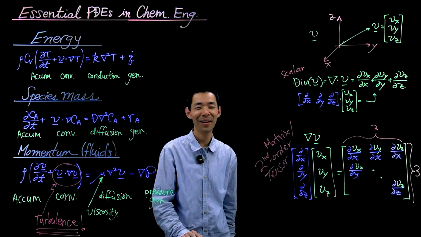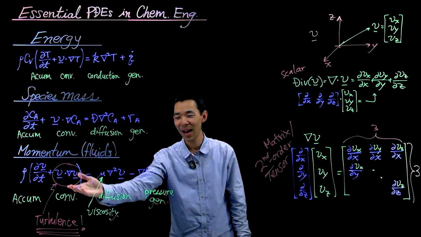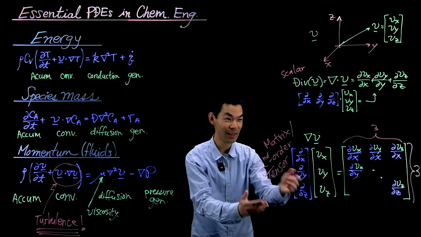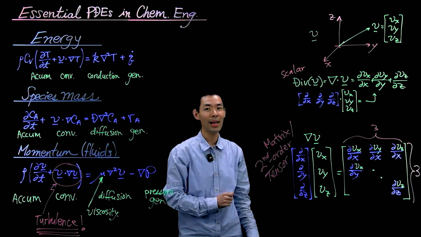Just like that. So this is why fluid mechanics is so hard. Mathematically, you have to deal with second-order tensors. You have to deal with things like gradient of a velocity, and then all of a sudden it becomes this second-rank tensor.